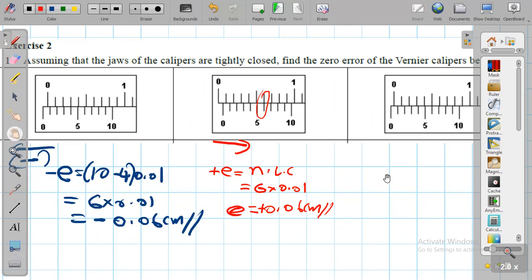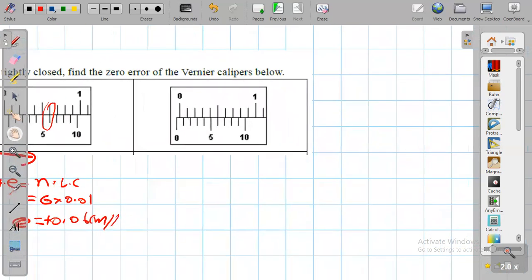Now in the next one, let's try to get it. Here in the next one, which line is also a positive error? Number of line. Oh no, it's a negative error.